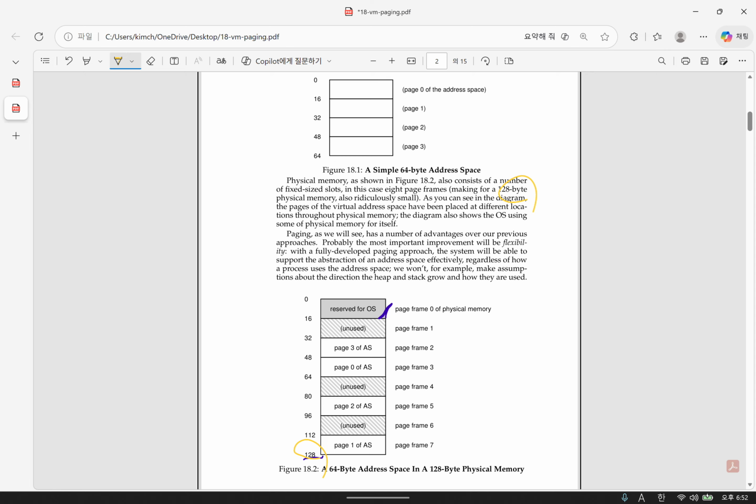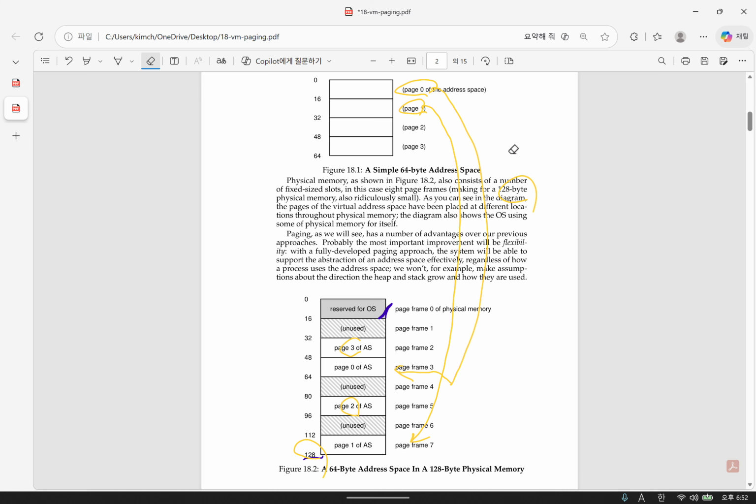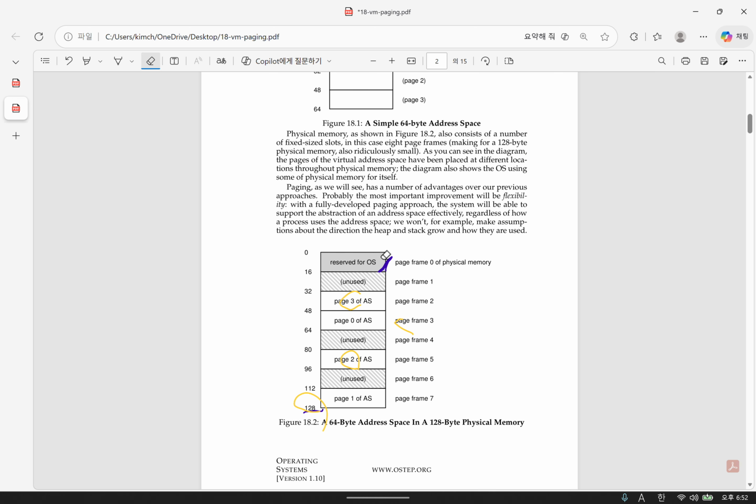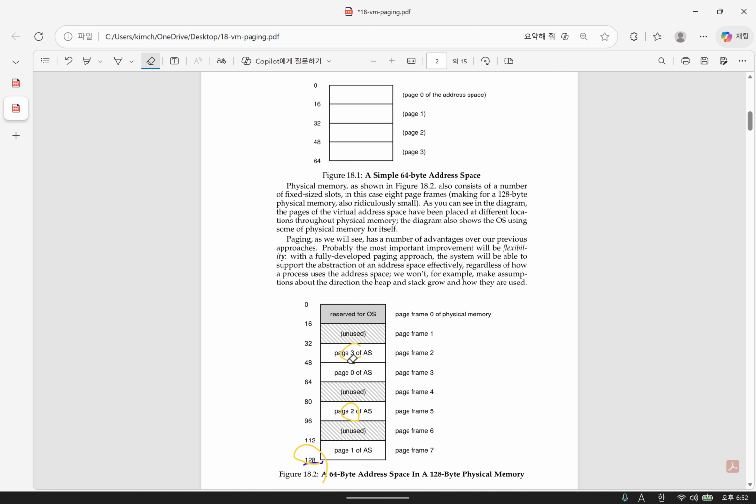My mistake. So a 128 byte physical memory, a small memory. So these pages were mapped like so, right? And here's page 2 and here's page 3.